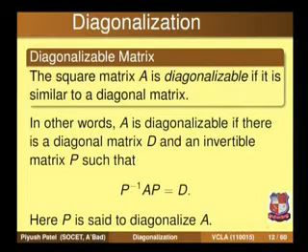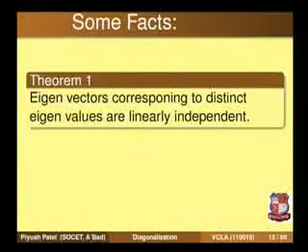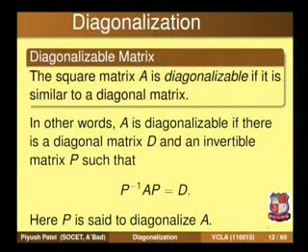In other words, A is said to be diagonalizable if there exists a diagonal matrix D and an invertible matrix P such that P inverse AP is equal to D. In this case we say P diagonalizes A, and many times we call this matrix P a model matrix for A, because the matrix P diagonalizes the matrix A. So we can ask whether all square matrices are diagonalizable. The answer is, in general, no.